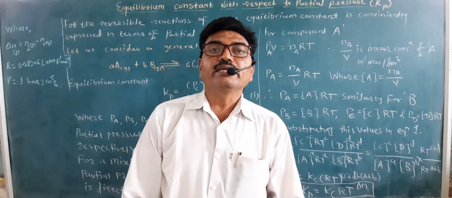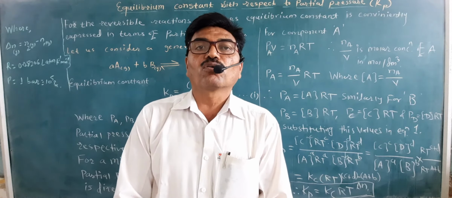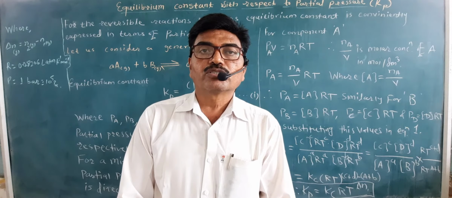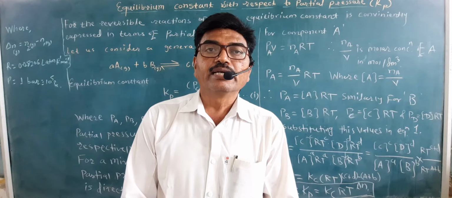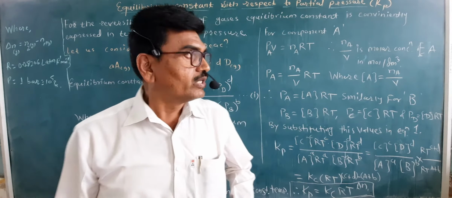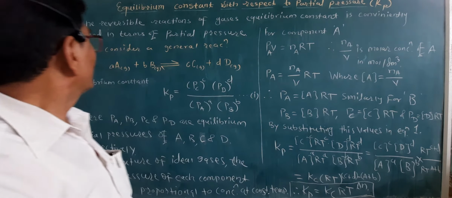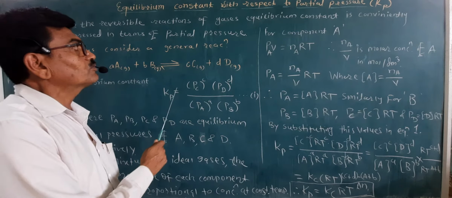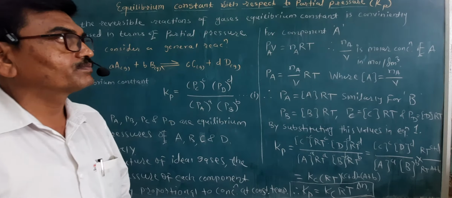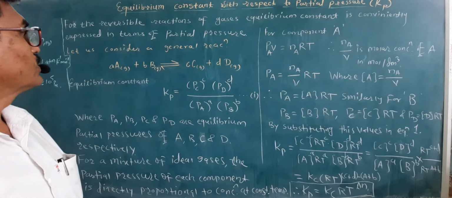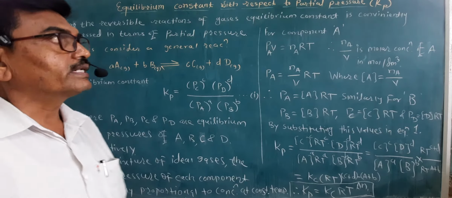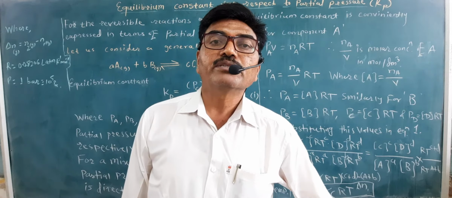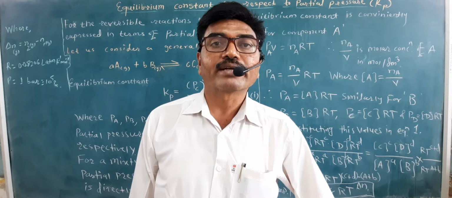Kc for the reversible reactions of solids, liquids, but especially for the gaseous reactions, it is convenient to express the equilibrium constant in terms of partial pressure, and that's why see here how to write an equilibrium constant for the reversible chemical reactions of gases.